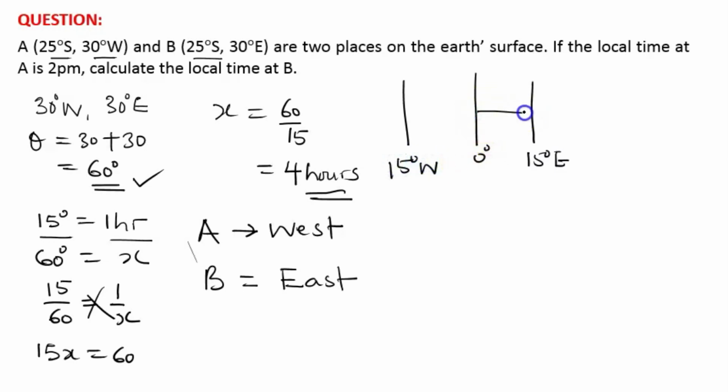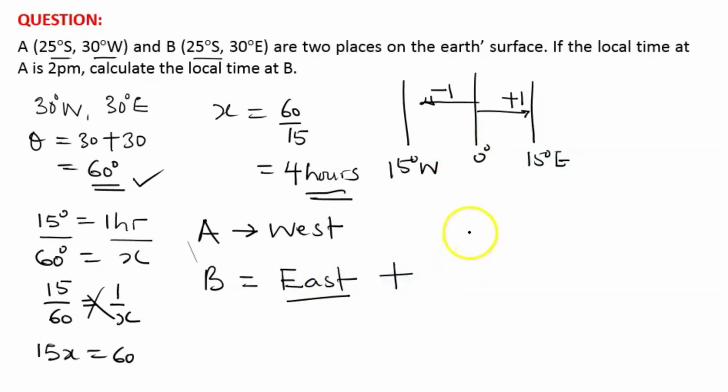If you are moving from here to here, you gain 1 hour. If you are moving from here to here, you lose 1 hour. So if it's towards the east, you always add, you always gain time. The question is saying that we should calculate the local time at B if the local time at A is 2 p.m. Since B is towards the east, B is going to gain time.